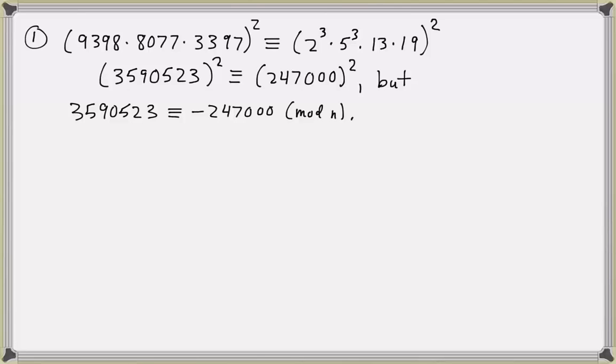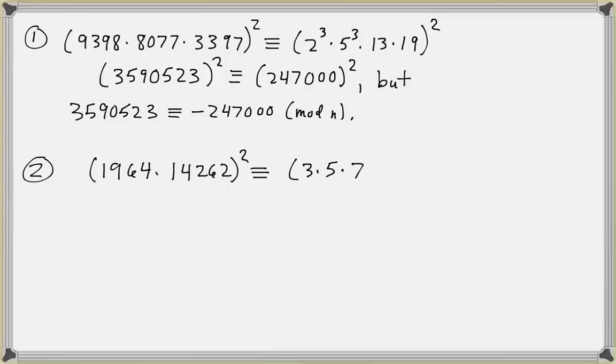So let's look at the second example. From the second relation, we get 1,964 times 14,262, the quantity squared, will be congruent to 3 times 5 times 7 times 13 squared, the quantity squared.